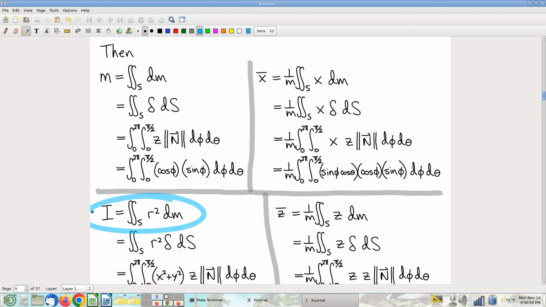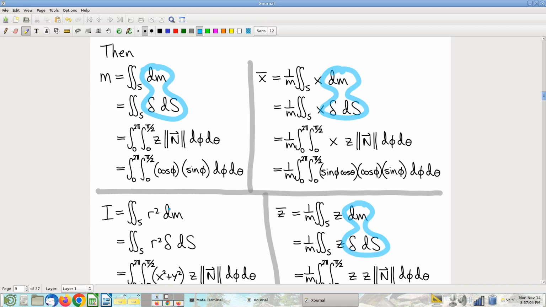We have a standard formula for a moment of inertia, integral r squared dm. And dm, delta dS, that's the same in all these calculations. So that part of these calculations is the same. dS is stretching factor times d phi d theta in all of these calculations. That part's the same.